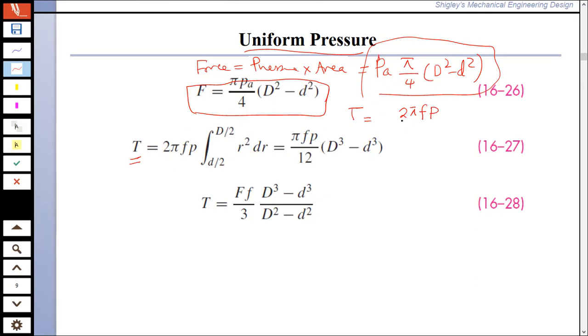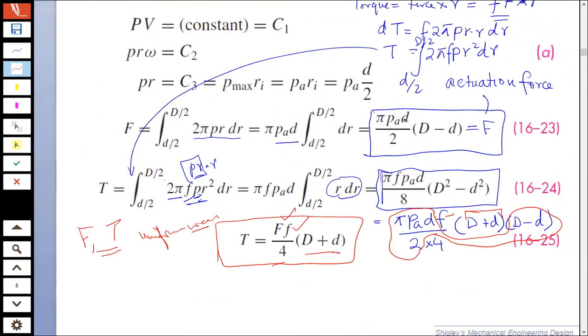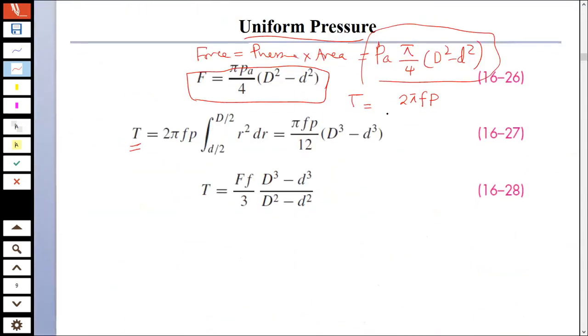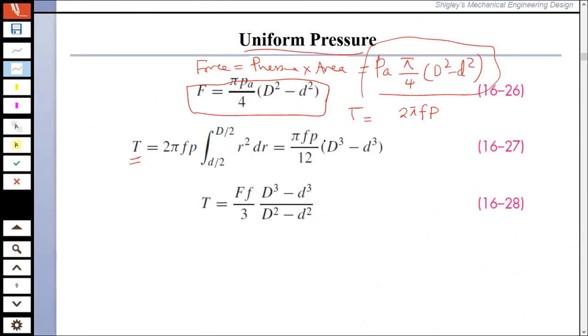2 pi f p, from the same formula here, which we just talked about. 2 pi f p times r square dr. And if I want to find out T, I have to integrate this from d by 2 to D by 2. So again, go ahead and integrate this, but take the constants out.